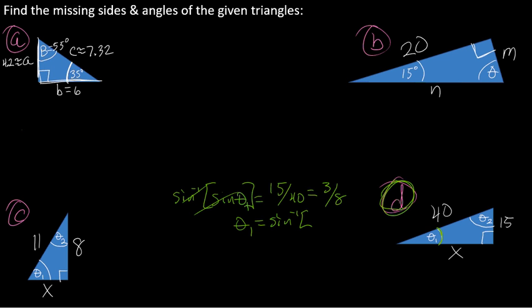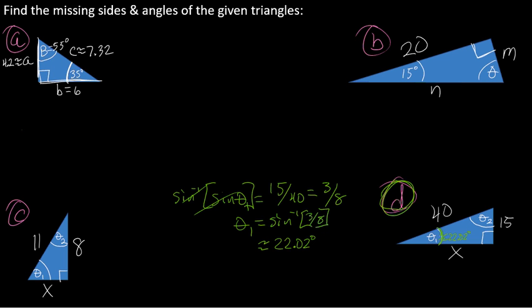I'm not showing that step because we should have that down by now. That gives me that theta 1 is approximately 22.02 degrees, and we always round to the nearest hundredth.